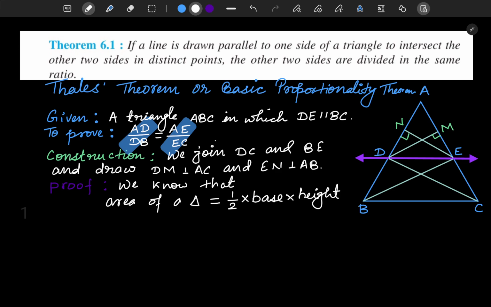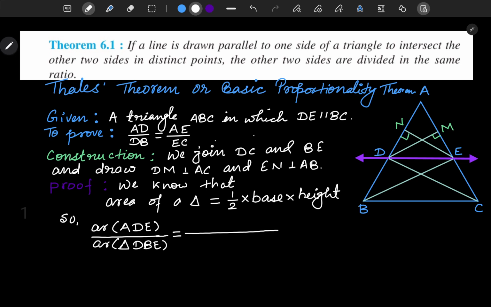Height stands for the perpendicular height from the base. So we'll be careful while taking the height. We'll choose the triangle, and in the triangle we'll choose the base carefully, and accordingly we will choose the perpendicular height, right?